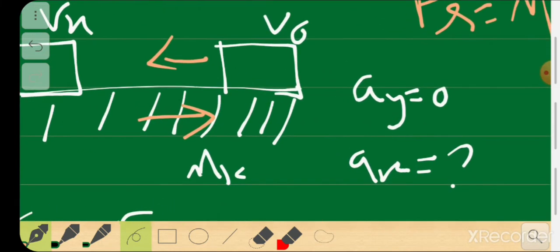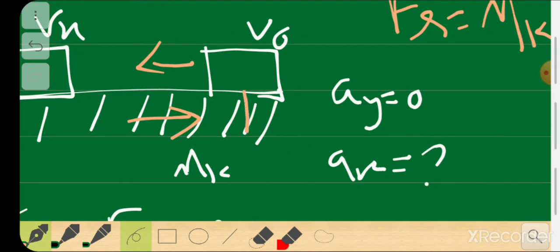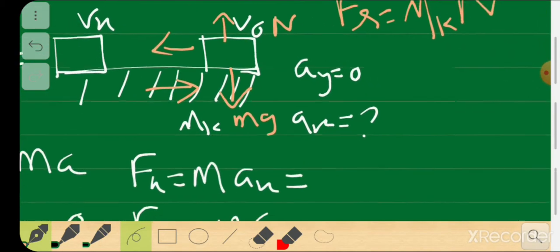So what is the normal force here? When you have a gravitational force like mg, the normal force will be in the opposite direction, so that will be equal to mg, right? So that's the normal and frictional force.